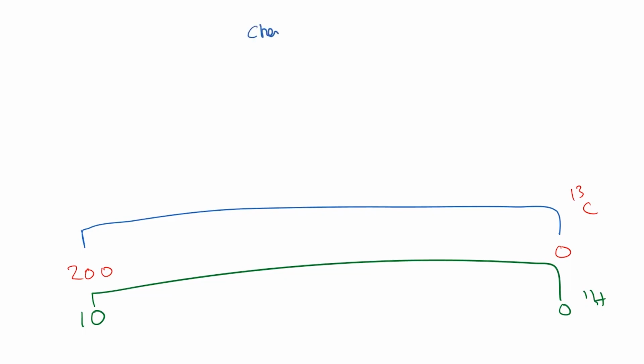Let me write chemical shift. This is a region where numerically the value is low, and this is a region where numerically the chemical shift value is high. That is the first thing that we look at, chemical shift, whether it is low or high.